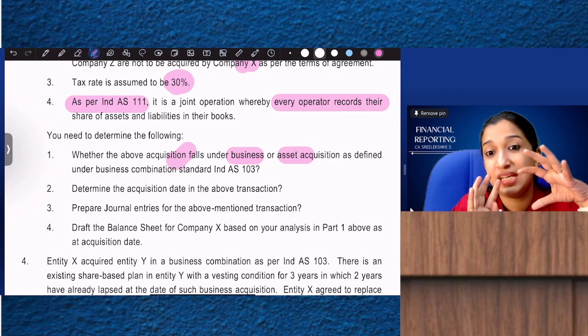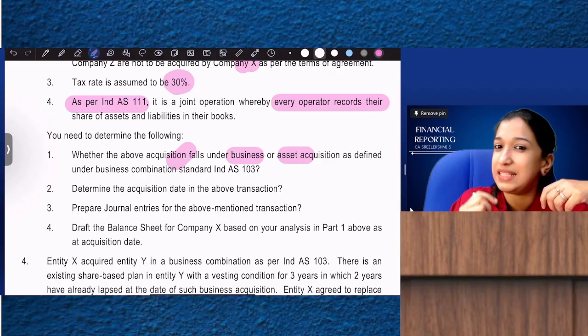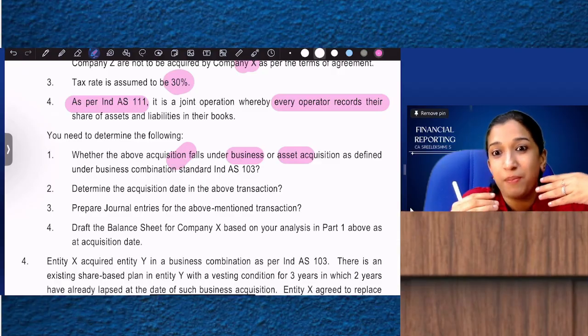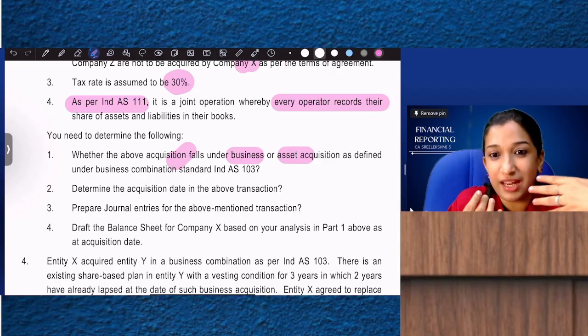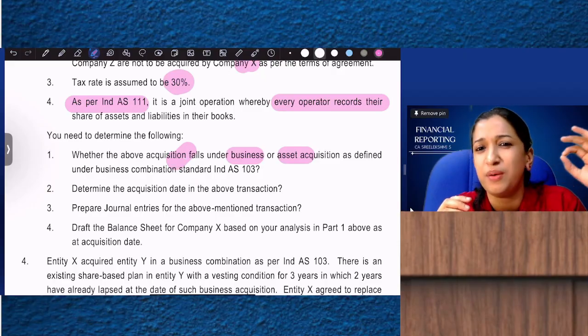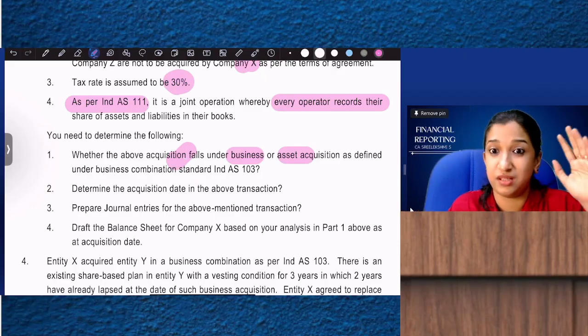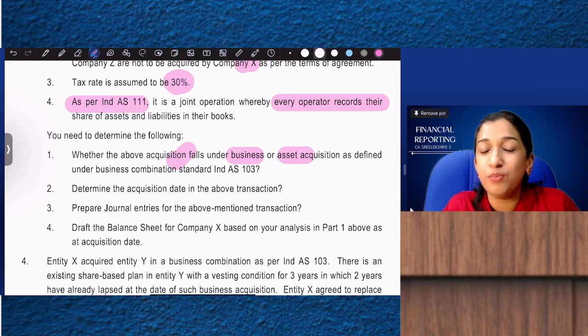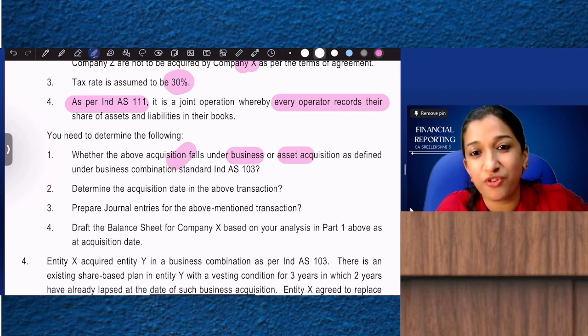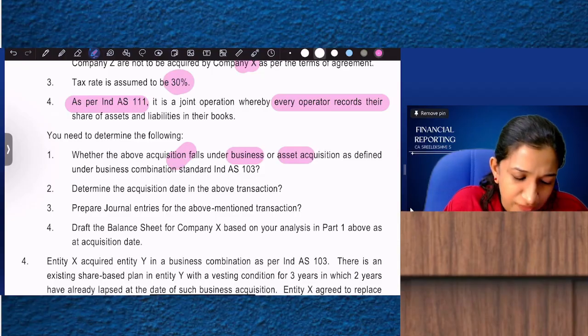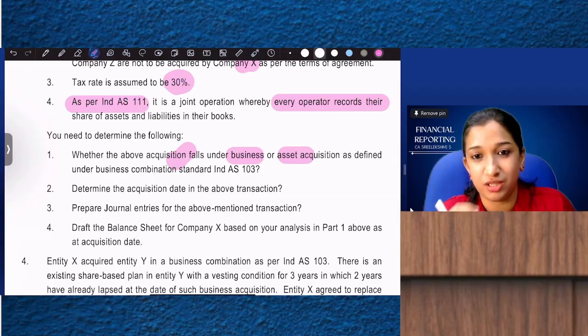What is business? An integrated set of assets and activities capable of being managed and conducted to generate profits or income from the ordinary course of business, or inputs and processes which are capable of generating output.